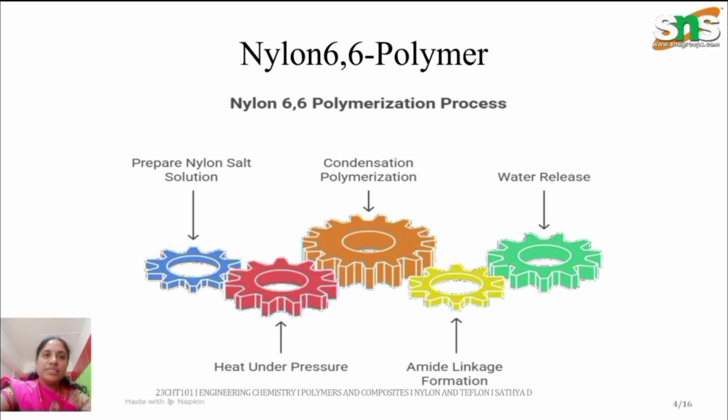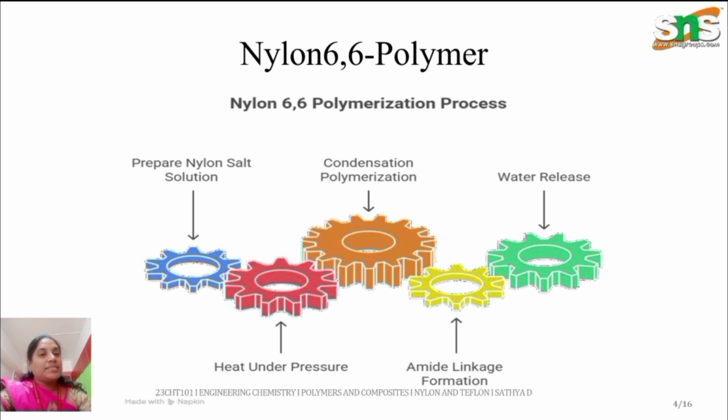In the nylon 66 polymerization process, we prepare the nylon salt solution and heat it under pressure for the condensation process. We already discussed in the previous slide what nylon 66 is. Why is it called nylon 66?